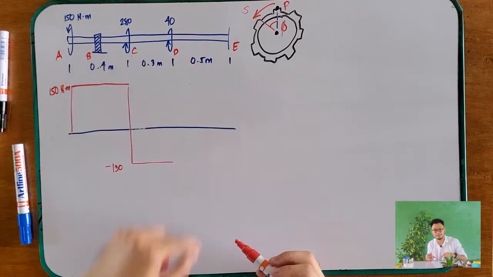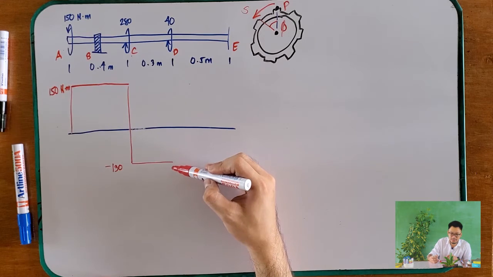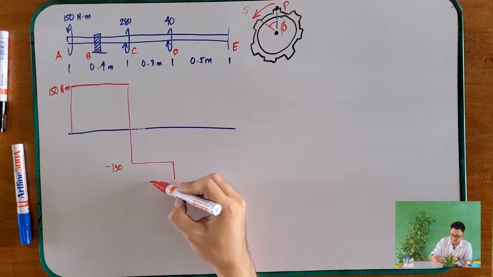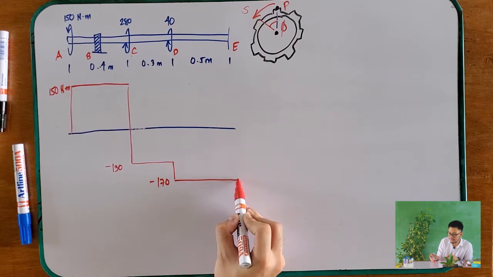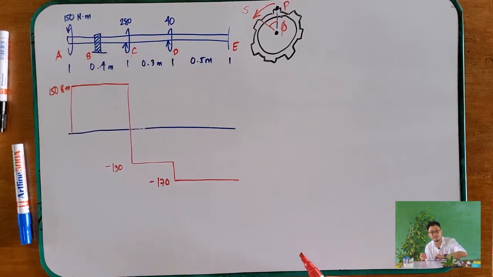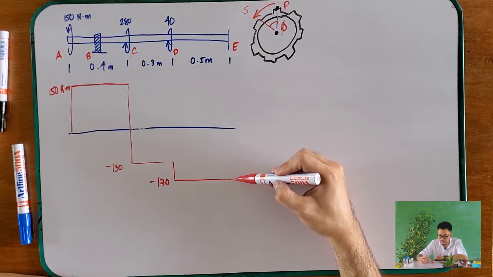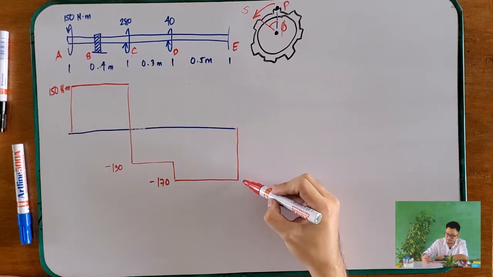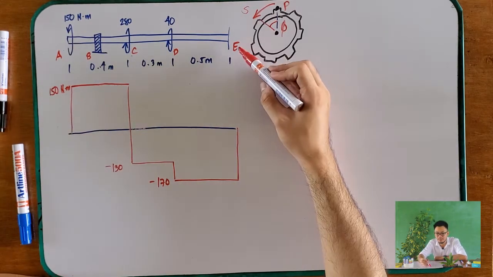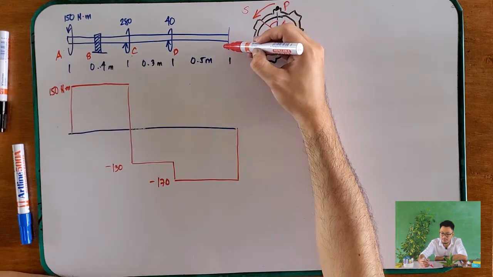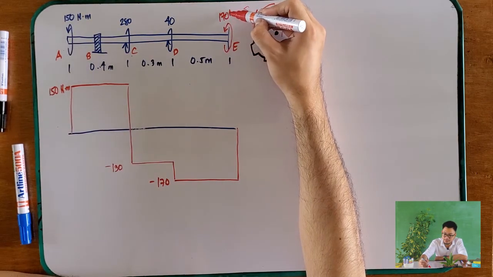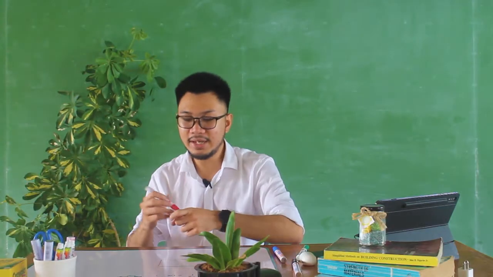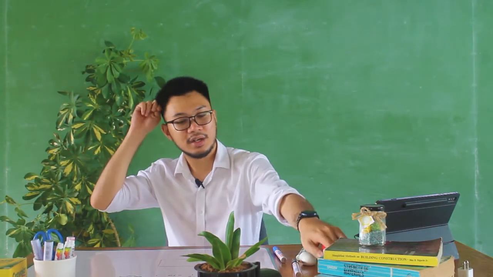Uy, kami naog na po og 40. So, 130 plus 40, that is negative 170. Constant. So therefore, pila ang gisupport sa imong E? Of course, 170 Newton meters ang imong gisupport sa imong E. Okay, so pasabot na ing ana siya and then 170 Newton meter. Okay? Ana lang.